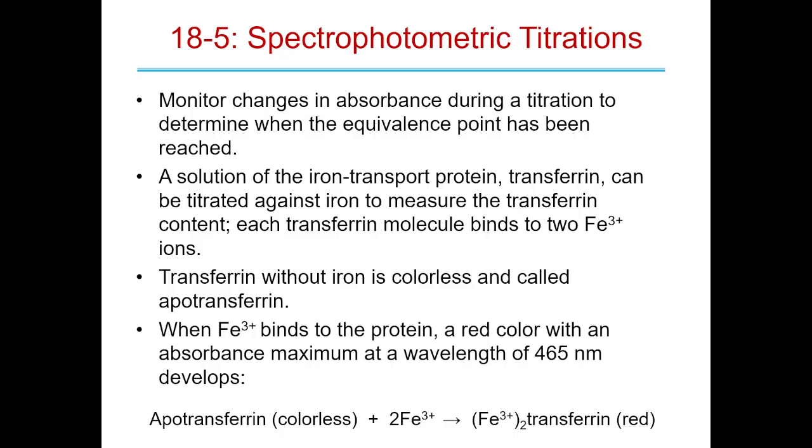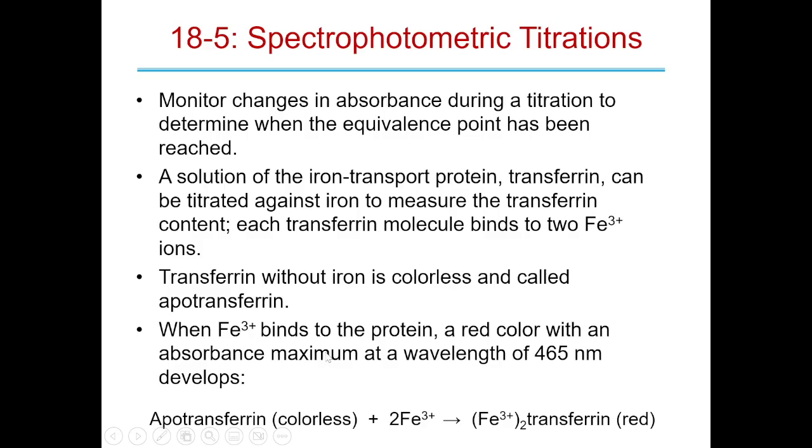So a solution of iron transport protein, transferrin, can be titrated against iron to measure the transferrin content. Each transferrin molecule would bind to iron 3+ ions. The transferrin without iron is colorless. This is called apotransferrin.